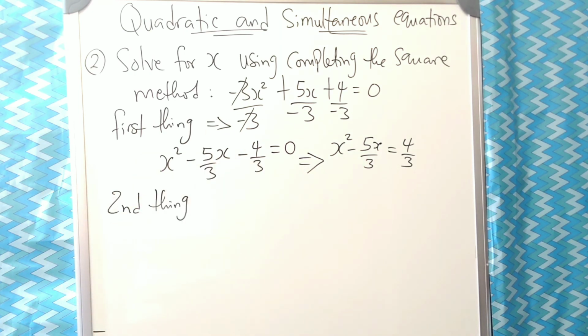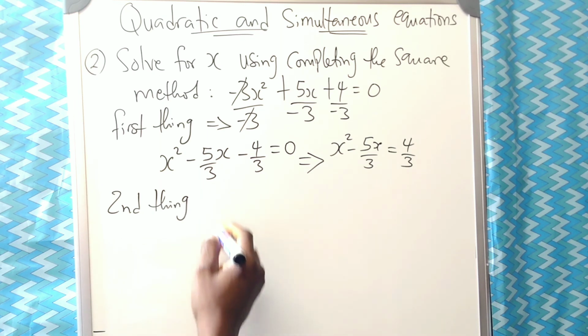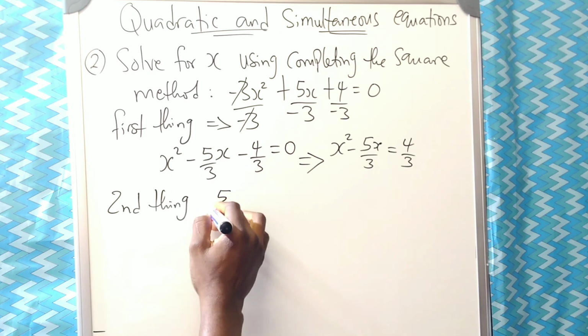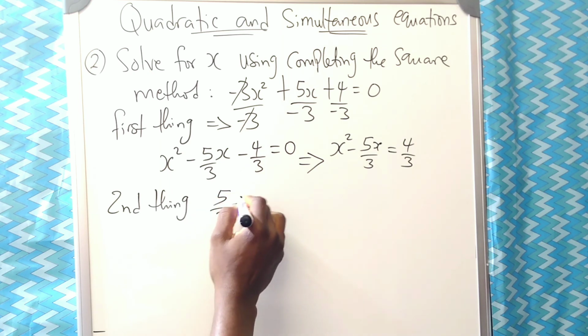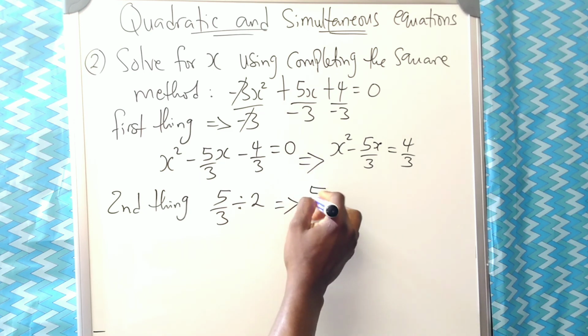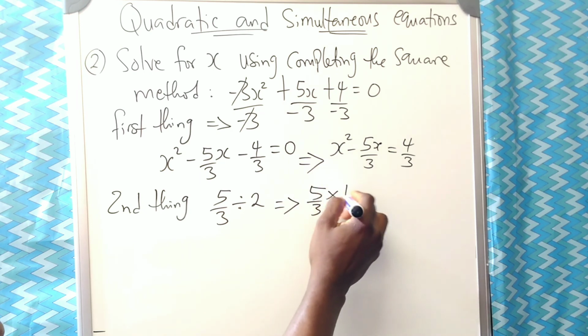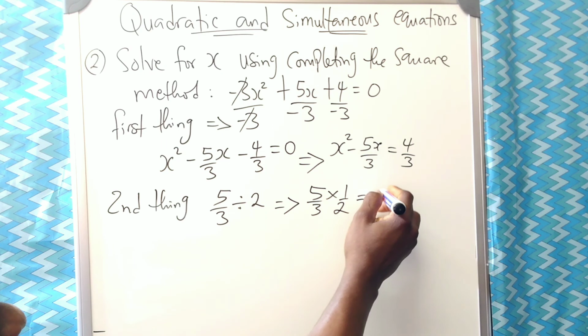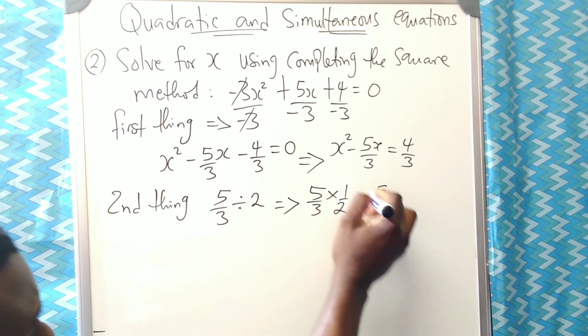It's just like replacing the coefficients of b during the factorization method. So let's look for the half of this. Half of this definitely is going to be 5 over 3 divided by 2, which is the same thing as 5 over 3 times 1 over 2, which is the same thing as 5 over 6.